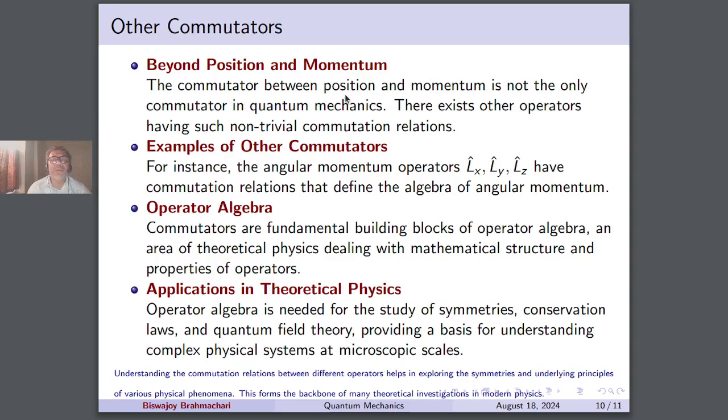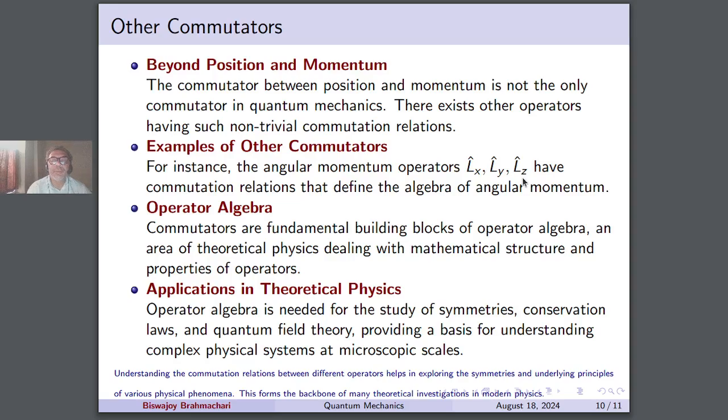The commutator between position and momentum is not the only commutator in quantum mechanics. There exist other operators having such non-trivial commutation relations. For example, we have already discussed the commutation relations between Lx, Ly, Lz, the angular momentum commutation relations.